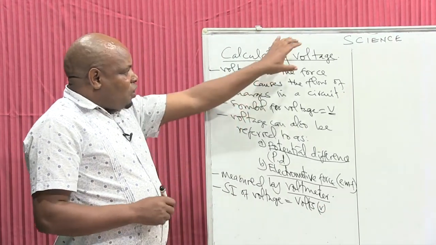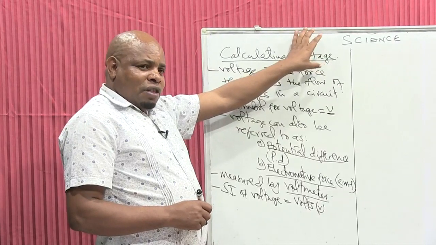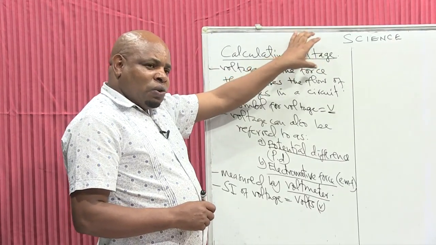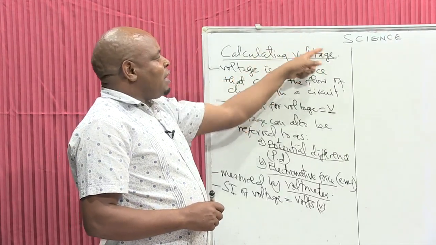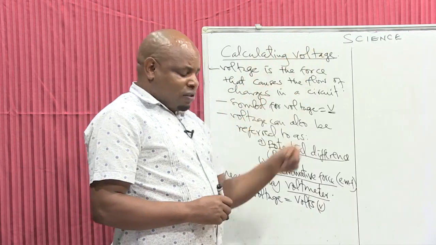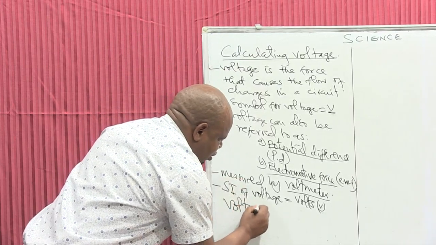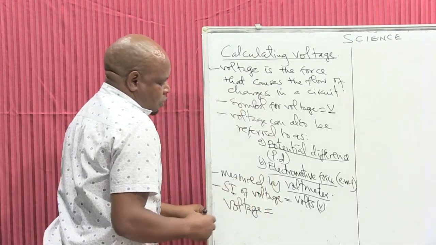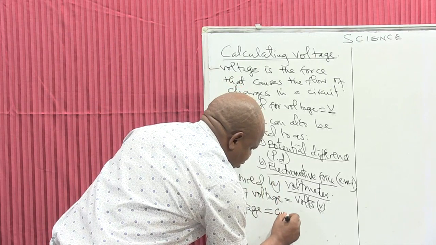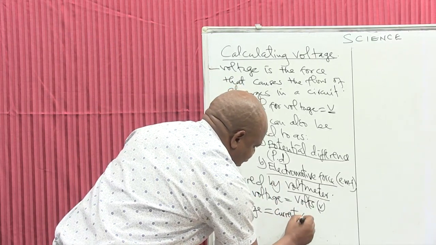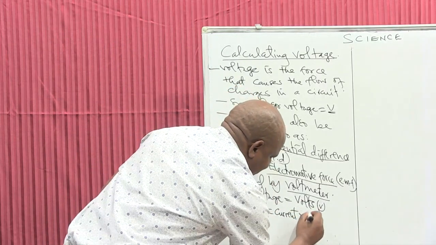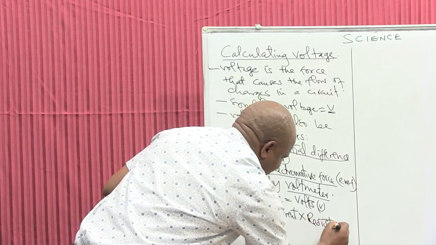The formula for finding voltage, the formula which will lead you to get the answer when you have been asked to find the value of the voltage: voltage is equal to current multiplied by resistance.